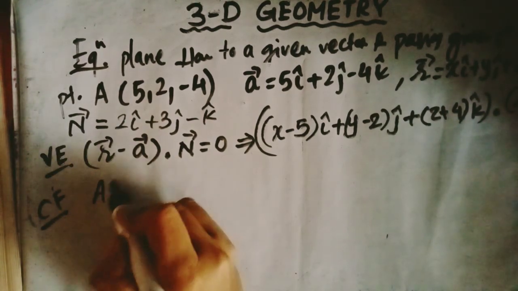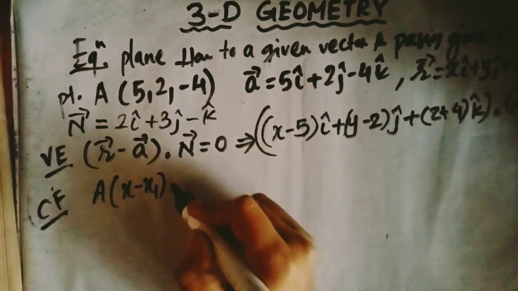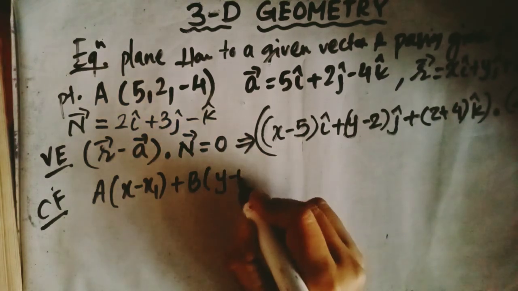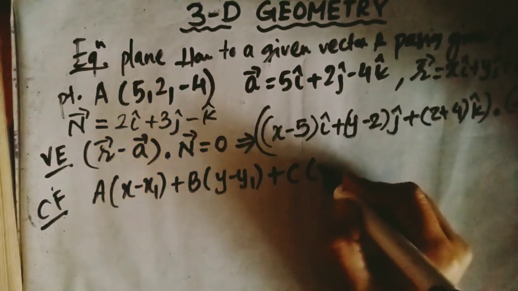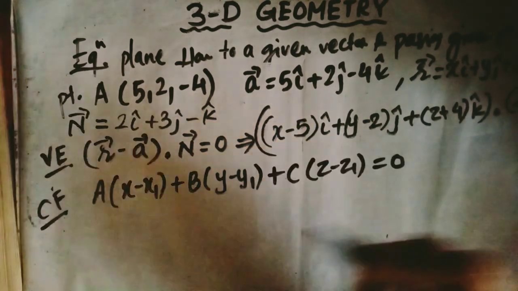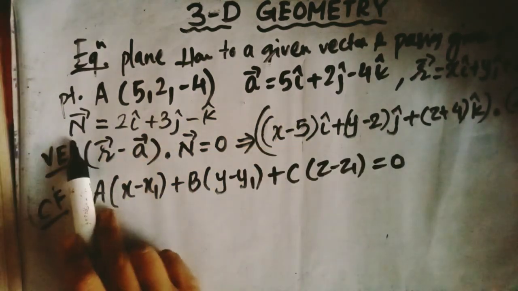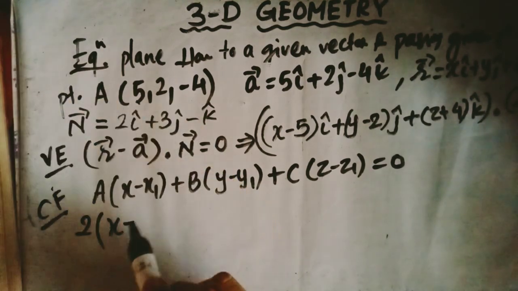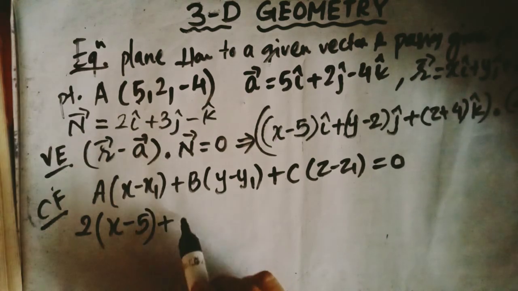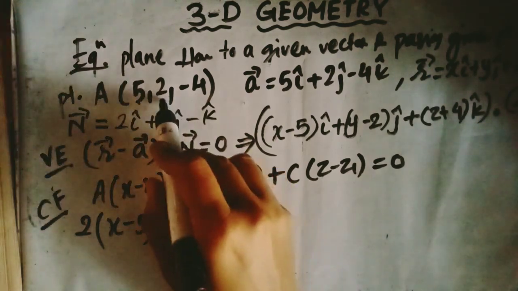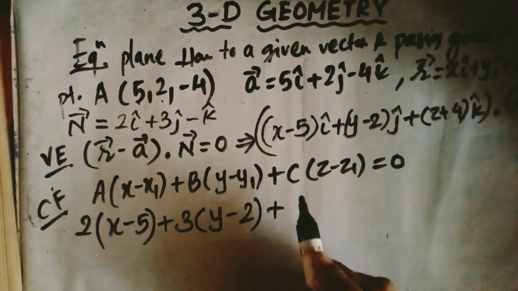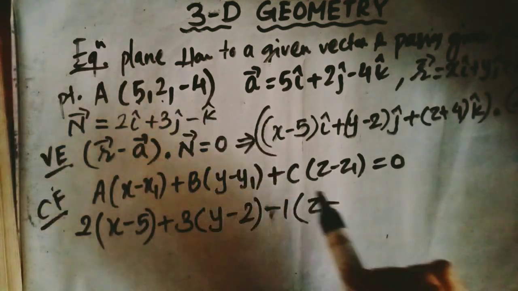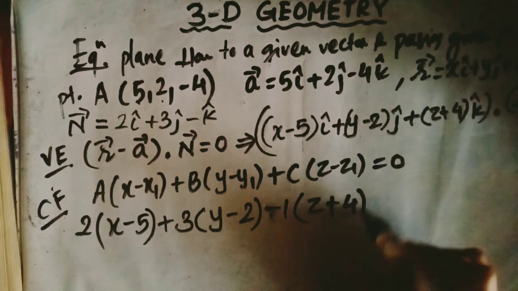Then the Cartesian form. Now I'll write a(x - x1) + b(y - y1) + c(z - z1) = 0. So a, b, c are the n vector, so 2, 3 and -1. So 2(x - 5) + 3(y - 2) + (-1)(z - z1), where z1 is 4, so (z + 4).